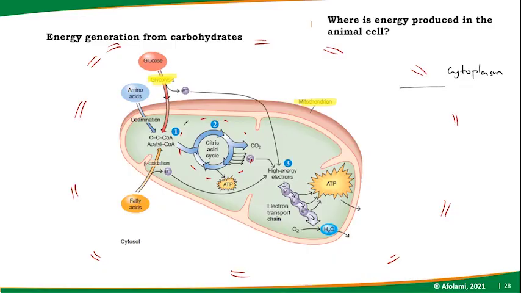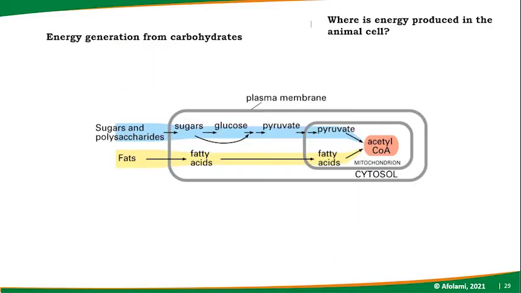We continue. So this also depicts exactly where things are happening. It's not as descriptive as the previous slide, but it explains exactly the same concept. So we are looking at glucose now, but of course you also see the trend for fats, but we are considering sugars, polysaccharides, glucose.